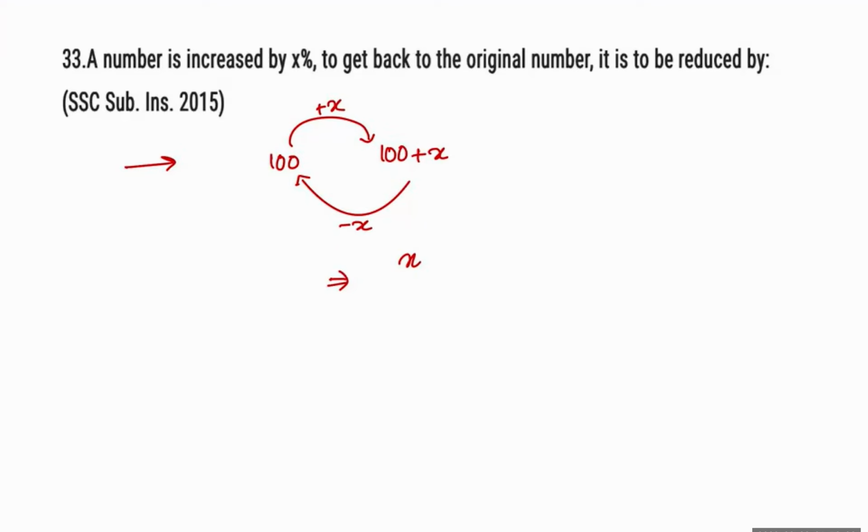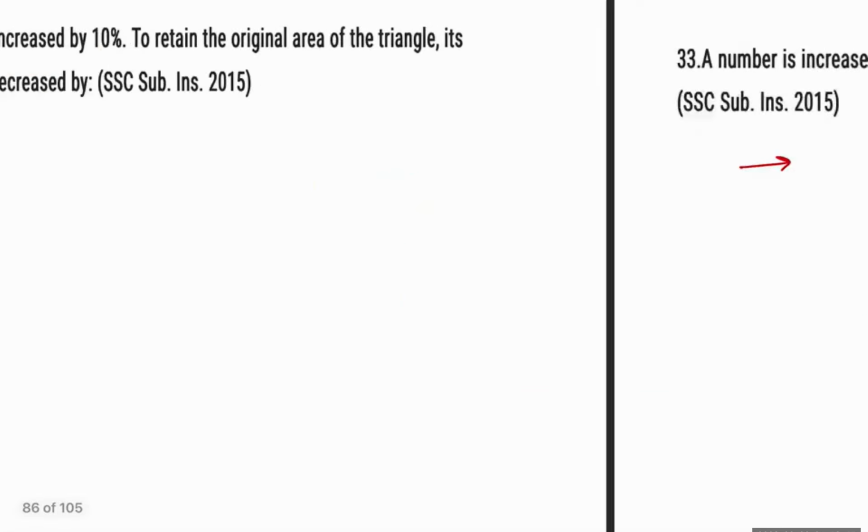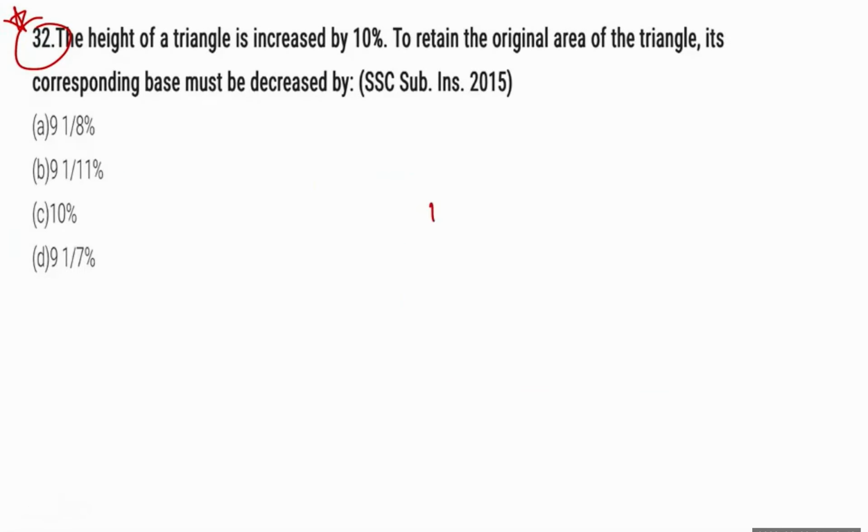The percentage is 100 plus X to 100%. That's the formula: 100 into X by 100 plus X. If you have X is 10, then 100 into 10 by 100 plus 10.